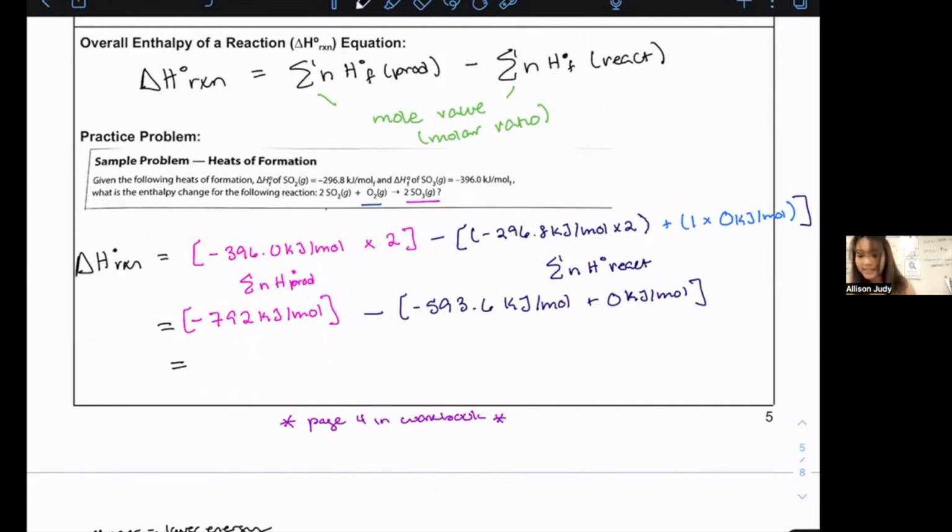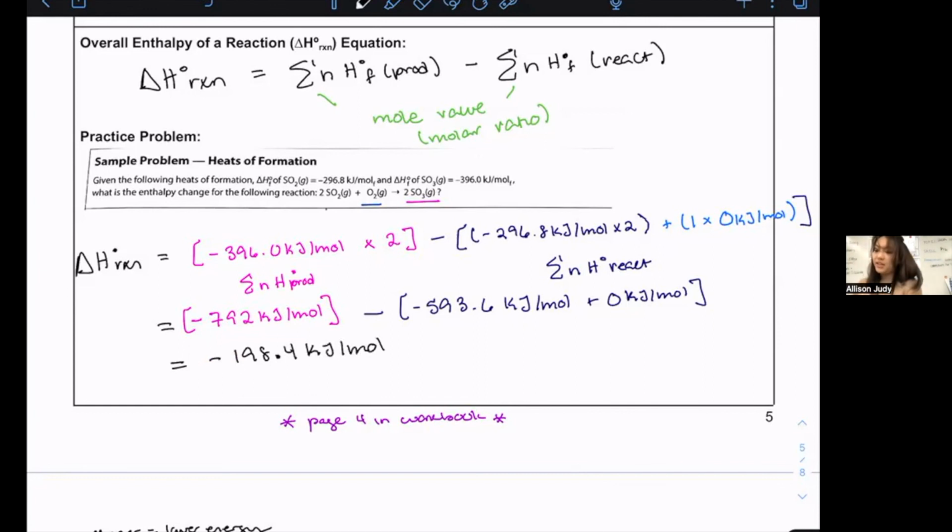Give me a second to pull out my phone calculator. 792 minus minus, so that turns it into a positive, 593.6. And I get an overall enthalpy value for the reaction that takes into consideration the individual compounds' enthalpy of synthesis, essentially enthalpy of formation, as negative 198.4 kilojoules per mole.